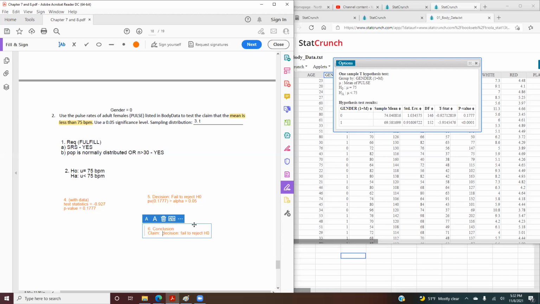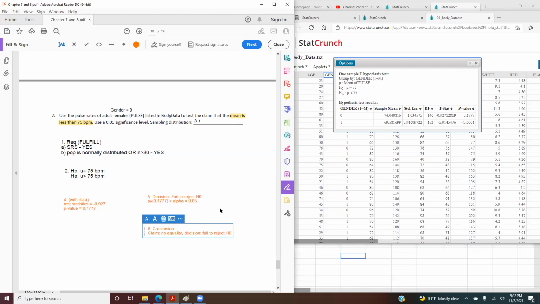Does the claim have equality or no equality? No equality, because the claim says less than, so it's no equality.